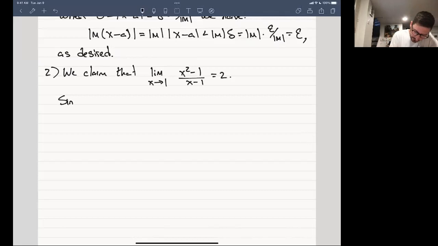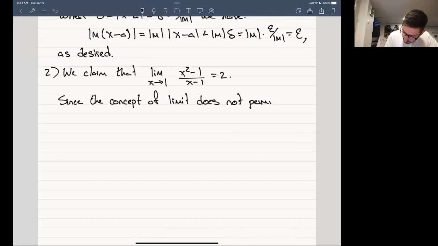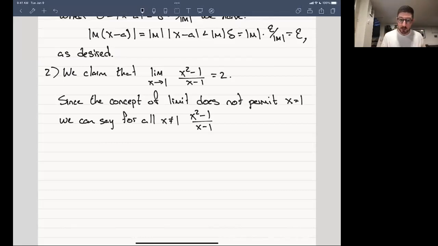So since the concept of a limit does not permit x equal to 1, we can say for all x not equal to 1, our function, x squared minus 1 over x minus 1, this thing is just a fraction, and we can knock off the common factor just like you did in calculus.